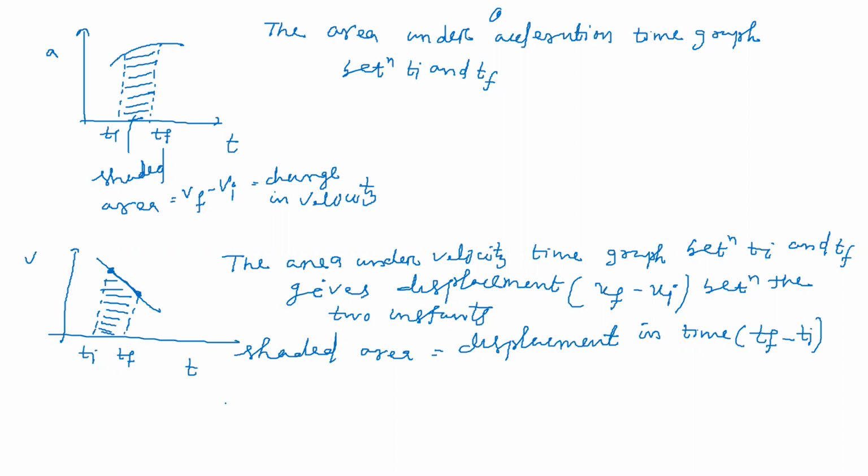Similarly, students, if I take speed time, what will I get? Distance. Let me take a speed time graph here, with speed on the y-axis and time on the x-axis. I want to find from this interval to this interval, where time here is T initial and here is T final. The area under the speed time graph between Ti and Tf gives the distance covered by the particle.